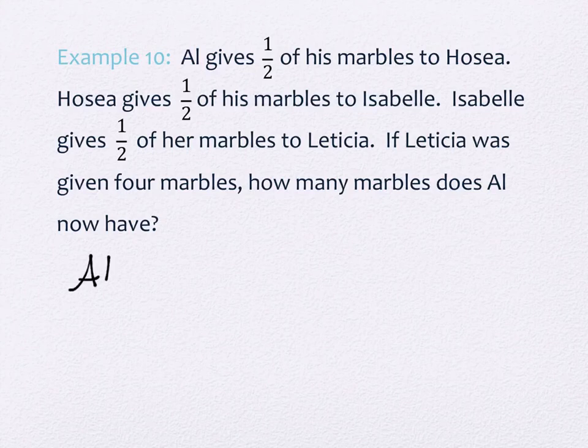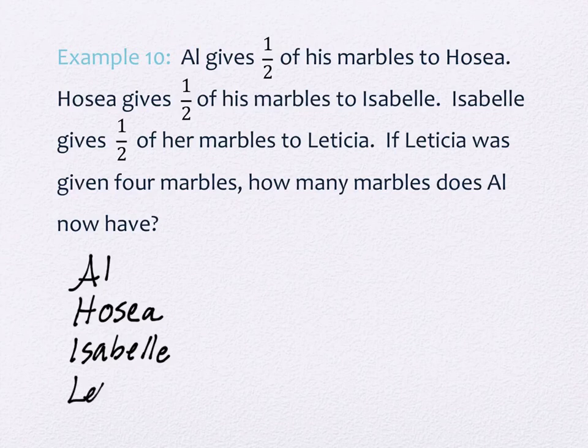Al starts out the whole giving of marbles to everybody. And then Al gives so many to Jose, and then Jose to Isabel. Then Isabel to Letitia. Is that all my kids?